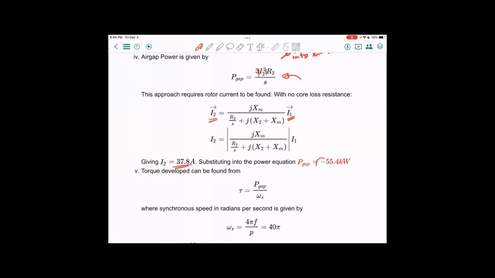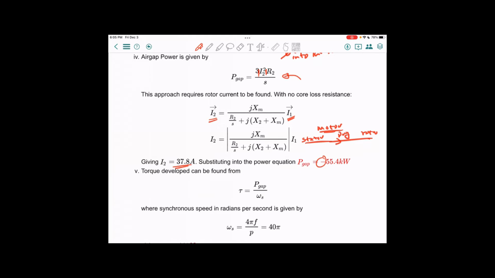Again, it's negative. Negative indicating it's changing direction. Usually for the motor mode, the air gap power is going from the stator, so that is the stator side, and that is the rotor side, to the rotor, because that's a motor.